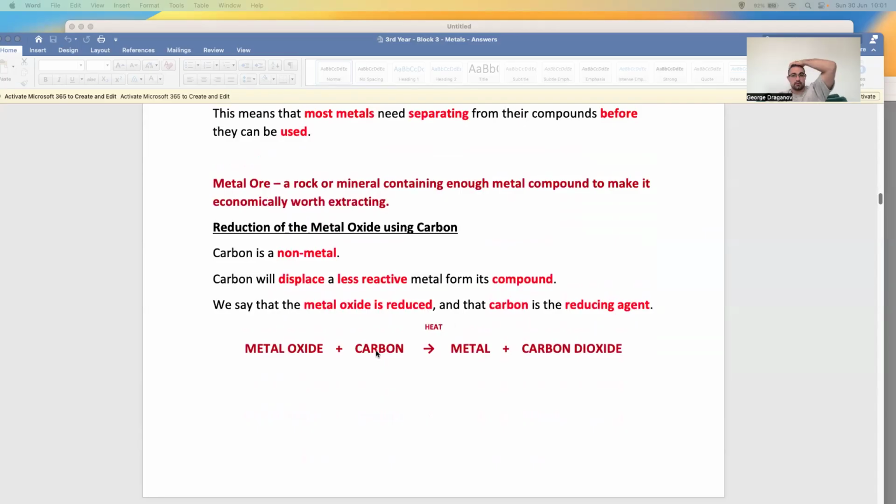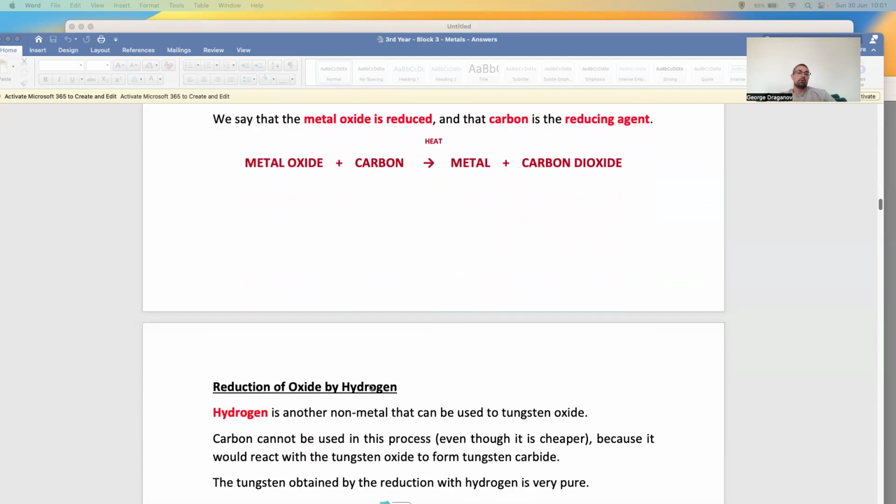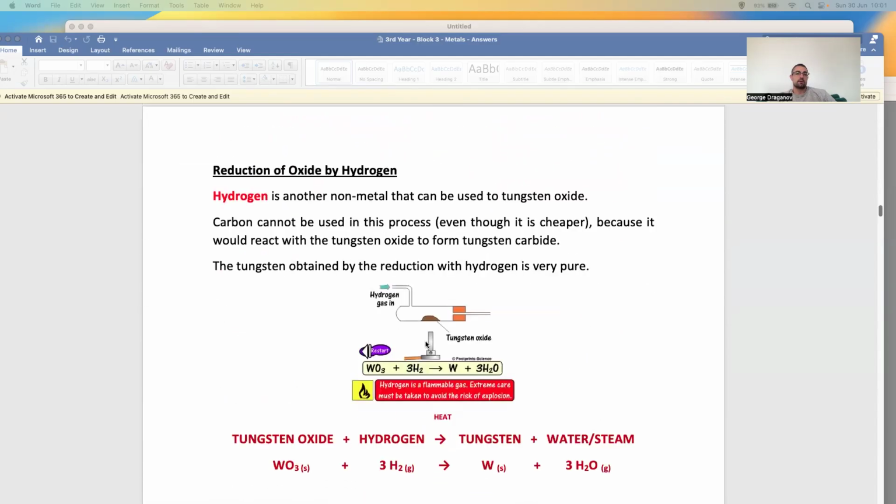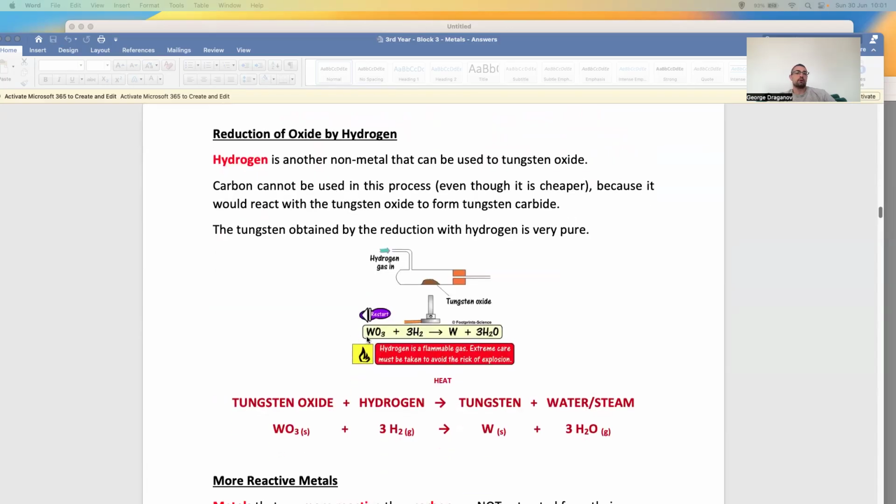So remember, metal oxide plus carbon and heat makes metal plus carbon dioxide, where the carbon is the reducing agent. Now, you can also use hydrogen because tungsten is less reactive than hydrogen. So tungsten is W. Tungsten oxide plus hydrogen makes tungsten plus water, or steam because it's really hot.